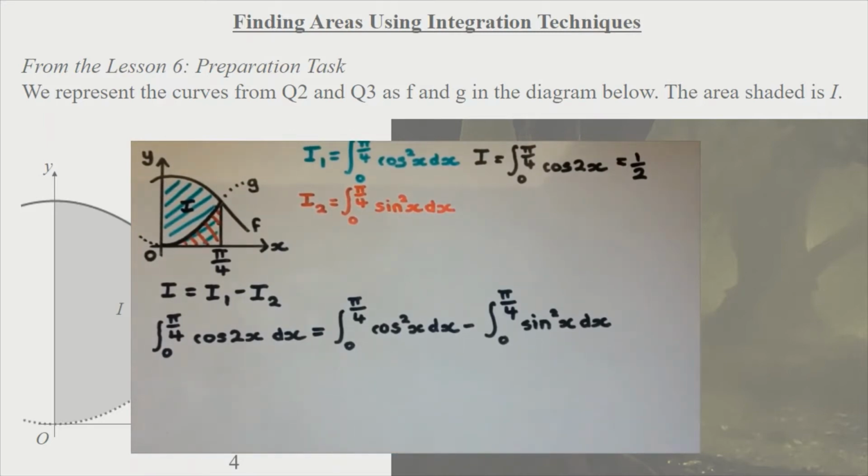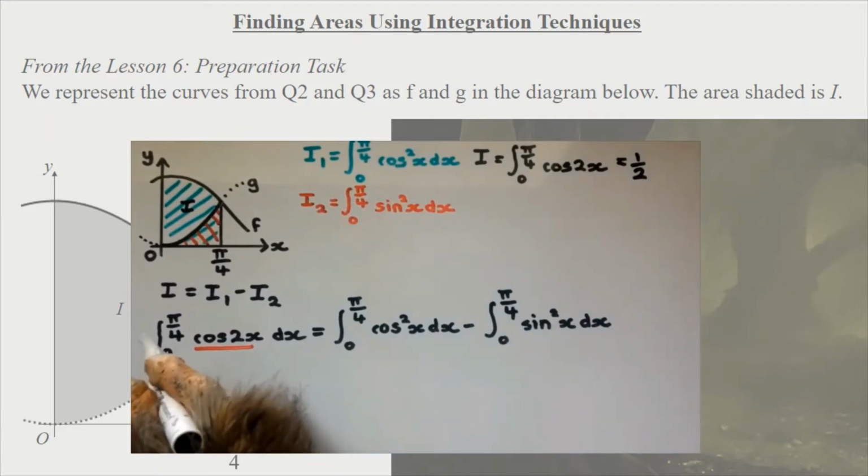Well, no. Because remember, cos of 2x, we can replace this with an identity. And it was the identity that we didn't actually use in the preparation task. You used the two other identities for cos 2x, but not the one that falls out of the derivation. Now I can rewrite the left-hand side of this as the following.